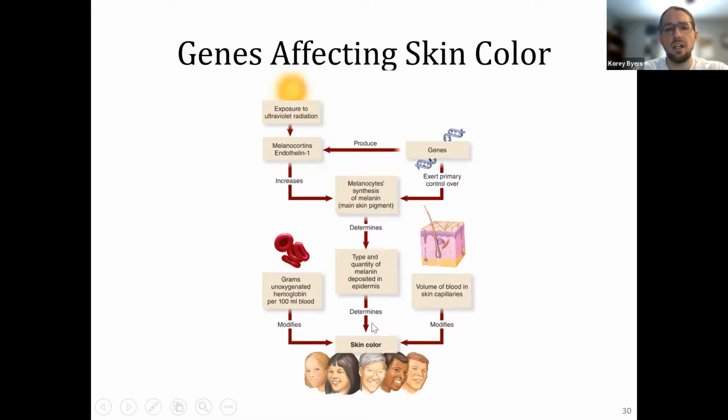There's a lot that goes into how that actually occurs, but that pigment can cause darkness. Skin color is also regulated by the amount of oxygenated blood below the skin and the amount of blood that we can see. All that plays a role in the skin color we end up with. So genes, melanin, blood, essentially.